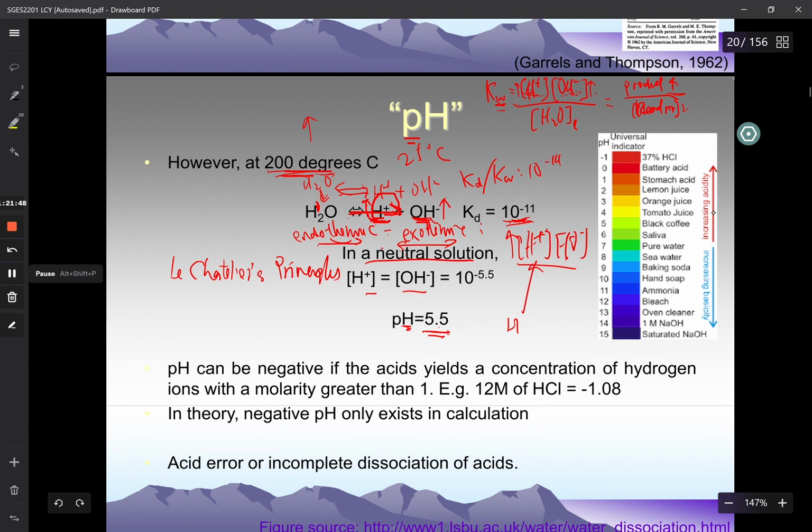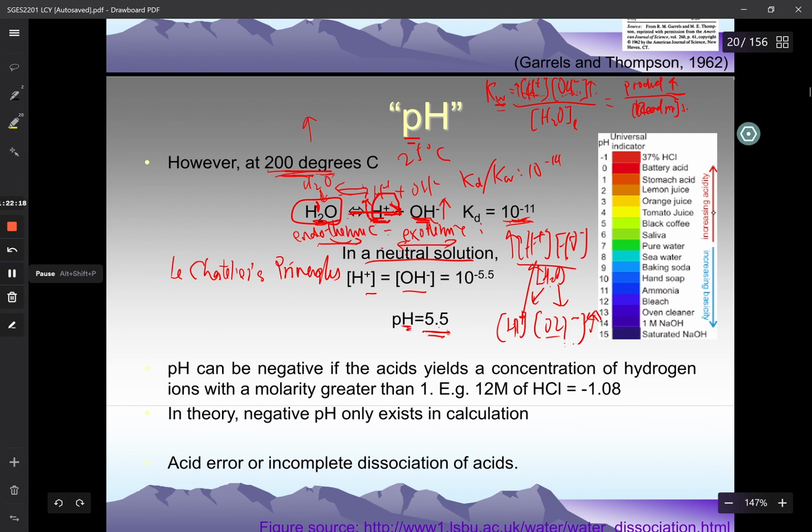At the same time, more liquid water is being dissociated, so you also have the same amount of OH as well. So when water dissociates, you produce these two. When this increases, you produce more of these, and they also increase at the same time in the solution, right?